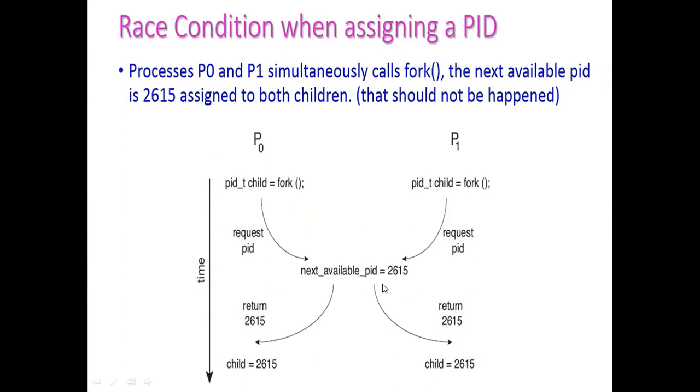Here the process ID 2651 is assigned to both the children, so that should not happen. The child of process P0 is assigned the PID value 2651, and for the process P1, the process ID is also assigned the same value. So that should not happen.